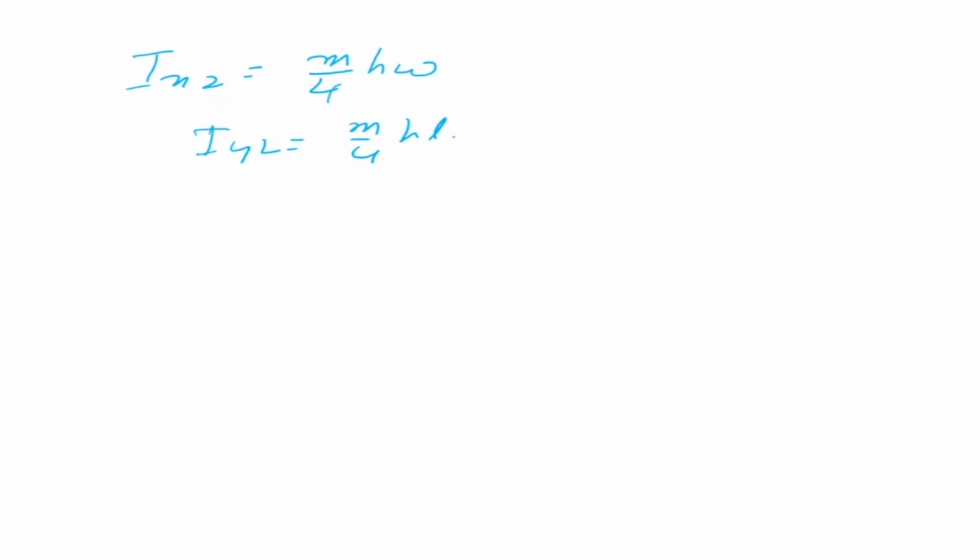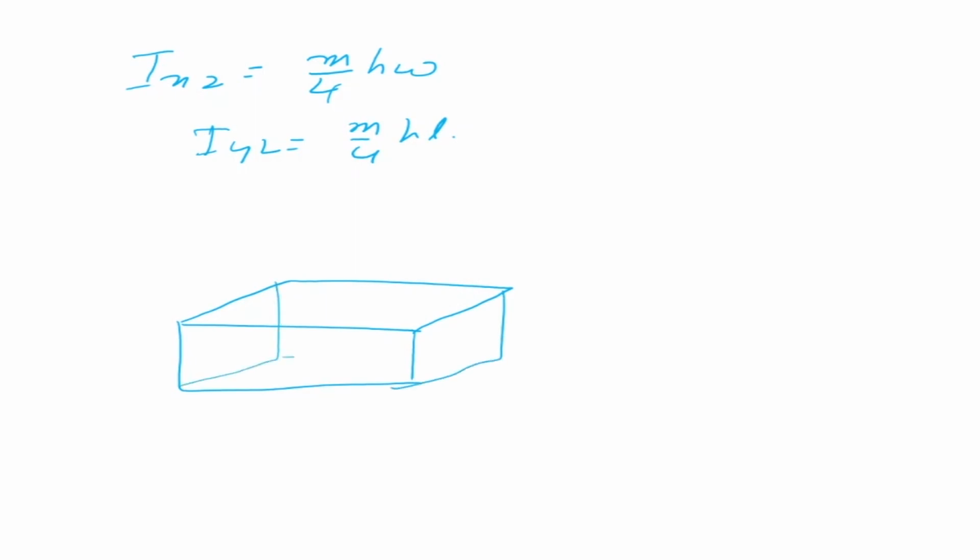Something to note here is that we have made the assumption that our axis is here. This is my y, this is my x, so x, y, and z is my axis. But in the case of the manipulator, the axis need not be exactly there. The axis could be shifted.